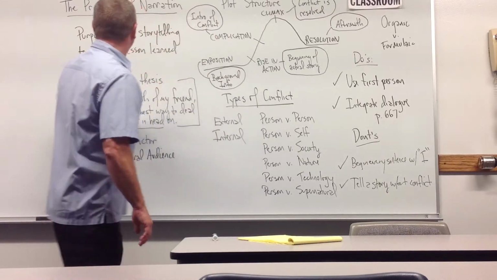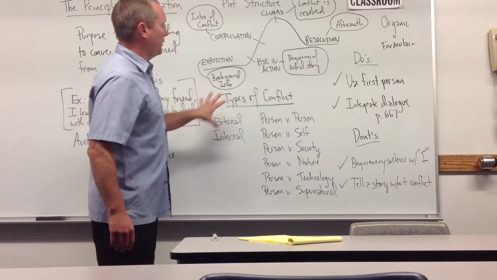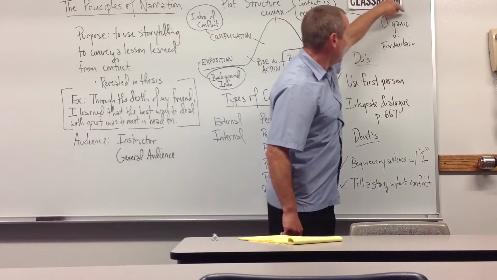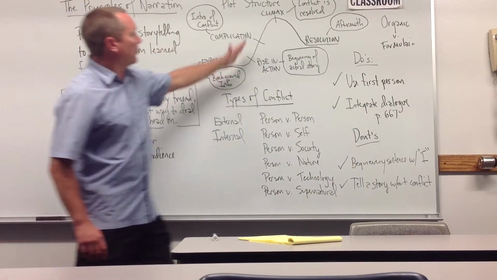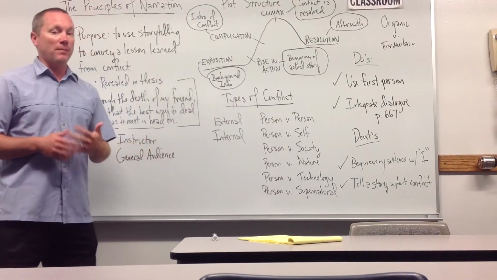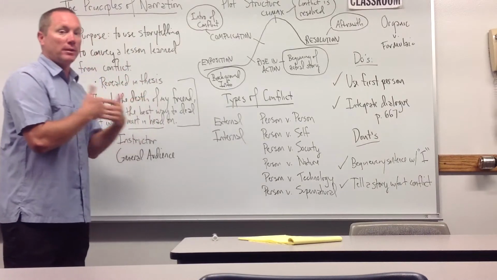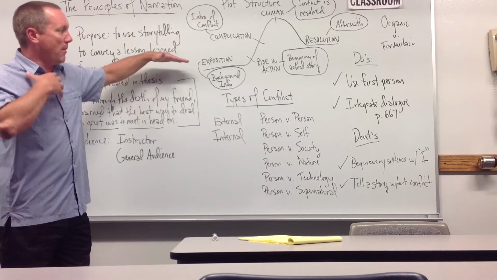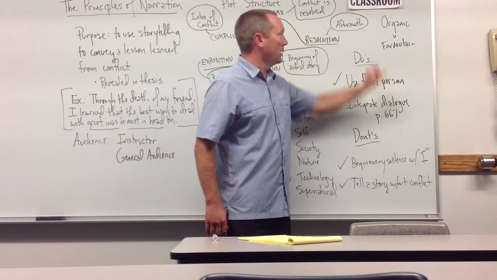All right, we've covered purpose, audience, the structure of a conflict narrative, types of conflict, a couple other things to think about. It says organic versus formulaic. I've shown you something sort of formulaic here, and with all the essays in English 101, I like to give my students a formula, a way forward structurally, organizationally, so that you know what my expectations are, and you can write a paper that works just like this.